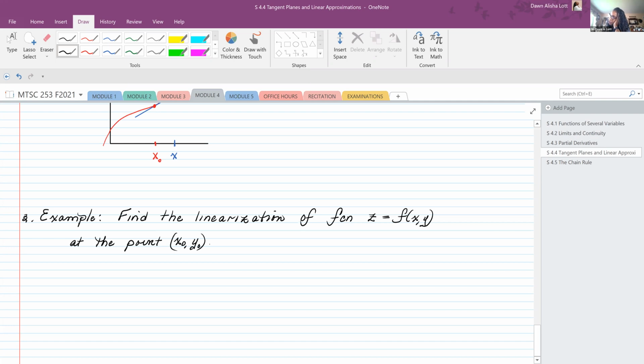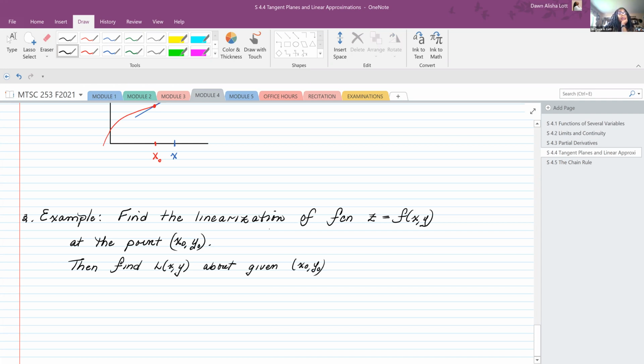And then find L of x, y about the given x naught, y naught.